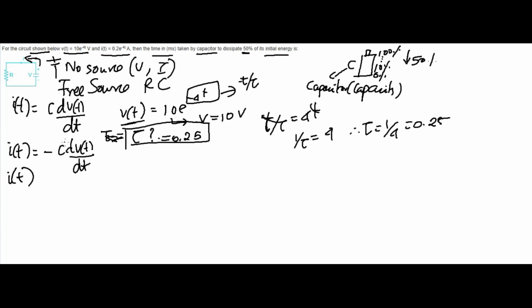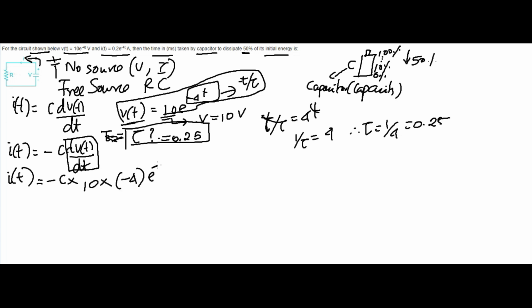So for I of t, you just have to differentiate. What is dV by dt? It is minus C into 10, which is constant, and you have to differentiate this one. The 10 will be there, and for e to the power minus 4t, minus 4 will come surely. So it is equal to minus 4 into e to the power minus 4t.